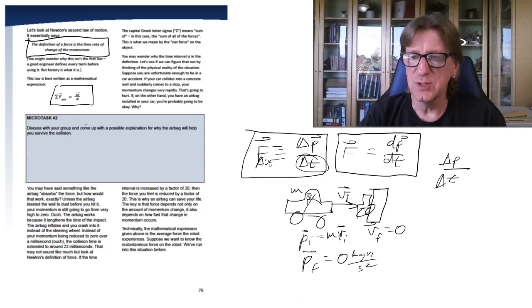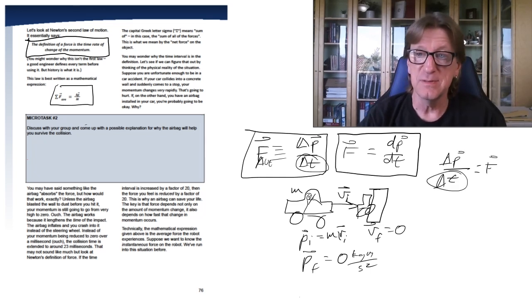We'll just talk about the average force for now. So what happens to the force? Is it big or small if this number is very, very small? Well, if this goes down, then this goes up. They're inversely proportional. So your body is feeling a very, very strong force in that case.